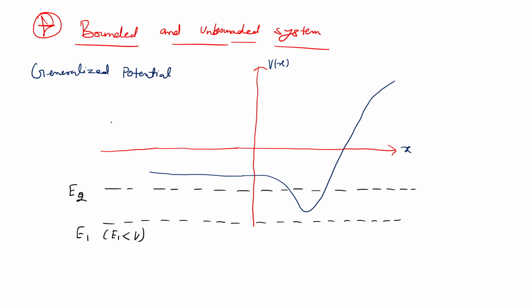Okay, and I take another energy level, suppose which is somewhere here. So with these three different energies, E1, E2 and E3, we can generalize our concept in much detail. Here you see E3 is greater than the potential till this point, but after this point, E3 becomes less than the potential. So what will change and how things will change, we have to understand very carefully.